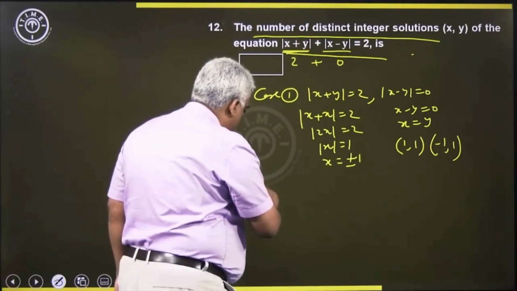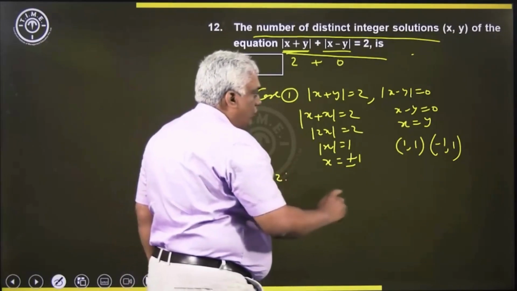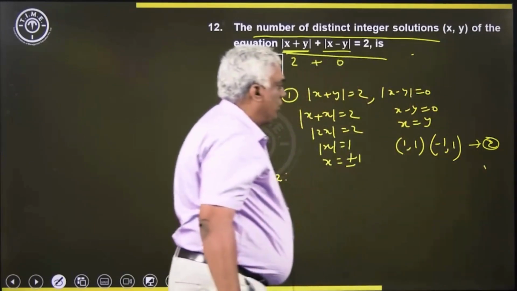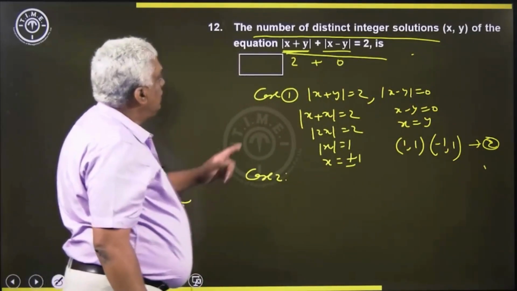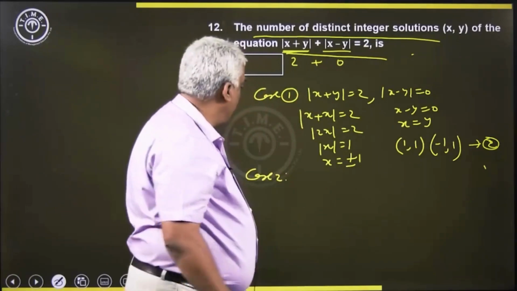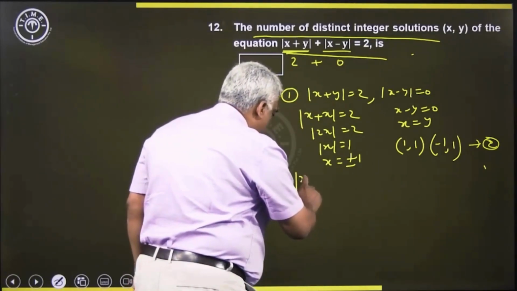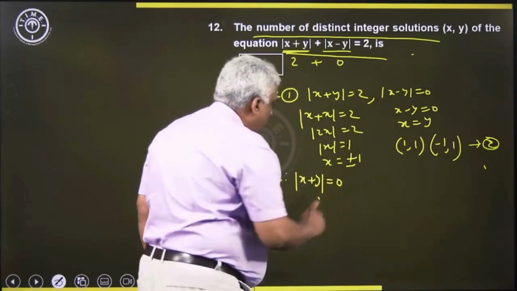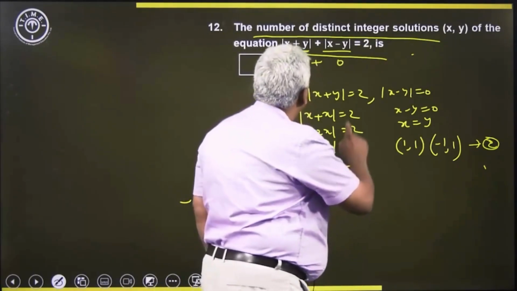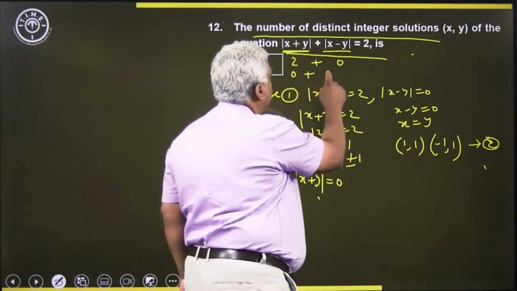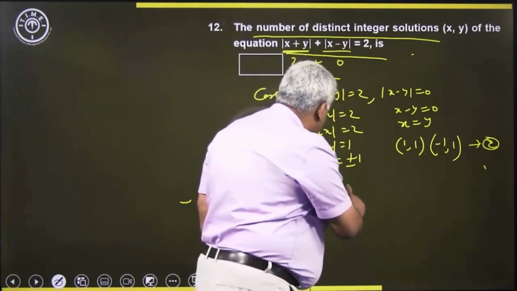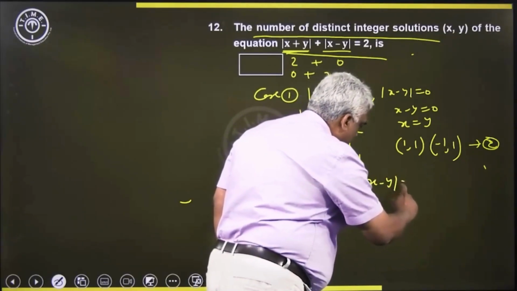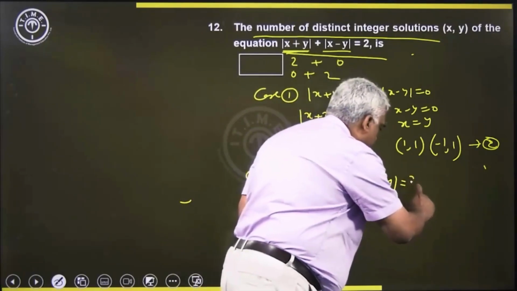Now let's say case 2. This can be 0 and that can be 2, right? So mod of x plus y can be 0, and mod of x minus y can be 2, like 0 plus 2.